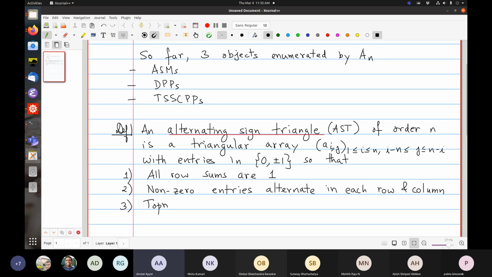The topmost non-zero entry in each column is 1, if it exists.